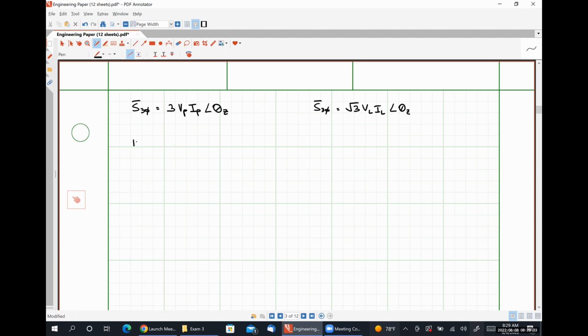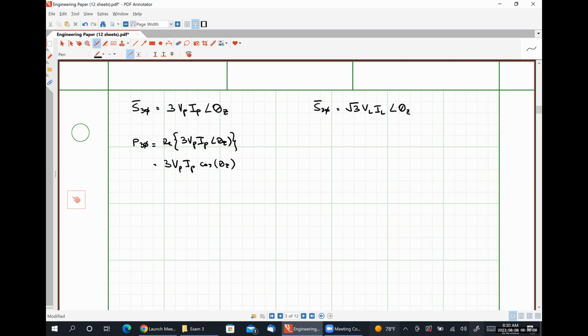Well, our average three-phase power is simply the real part of 3 Vp Ip angle theta z, which comes out to be 3 Vp Ip cosine theta z, which exactly matches what we derived earlier when we were looking at the instantaneous power.